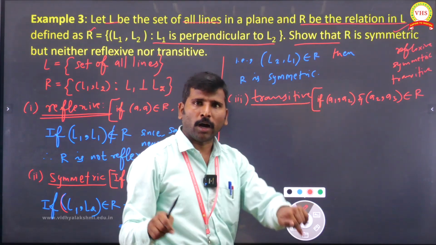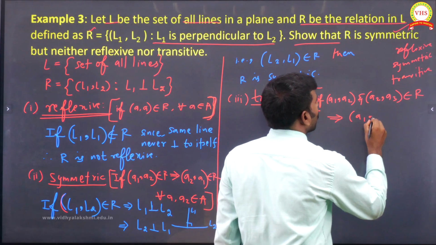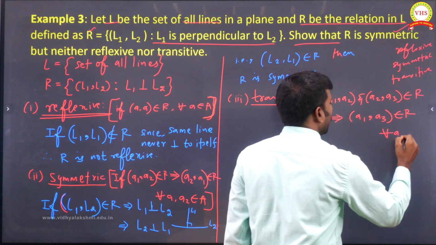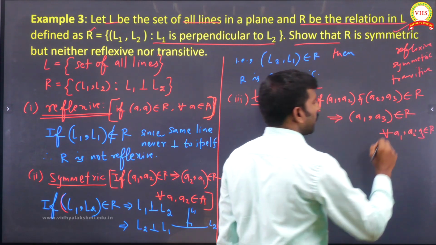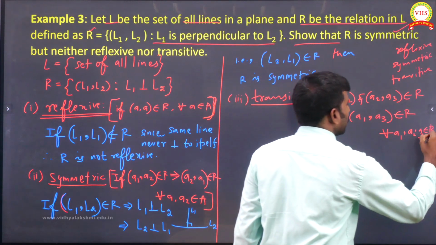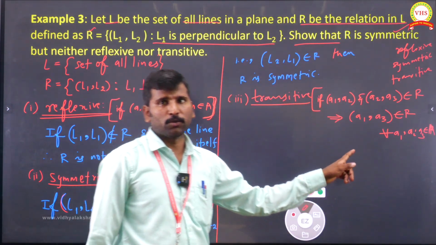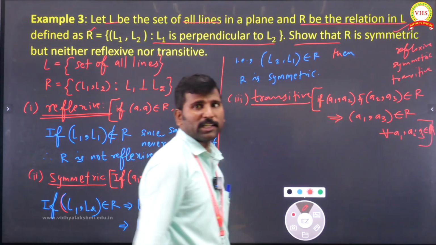These two in R implies (A1, A3) belongs to R, for all A1, A2 and A3 in the set A. So this is the formula that should be satisfied.